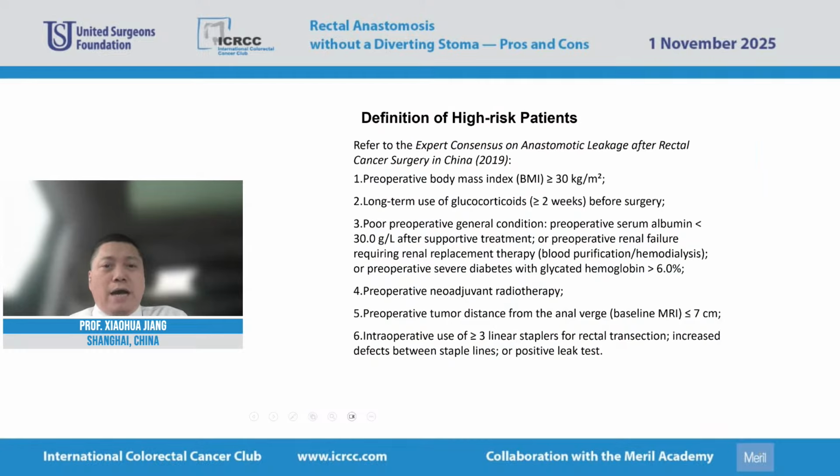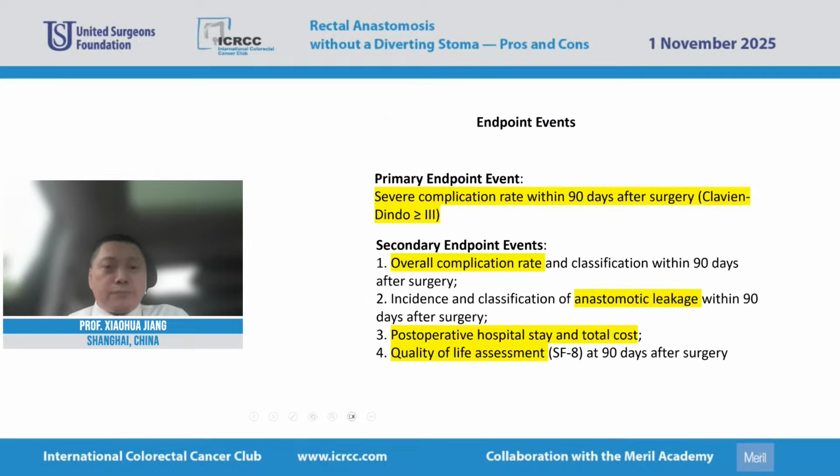The definition of high-risk patients refers to the expert consensus on anastomotic leakage after rectal cancer surgery in China. That is the patient BMI, the patient stage, also neoadjuvant radiotherapy, and some other data.